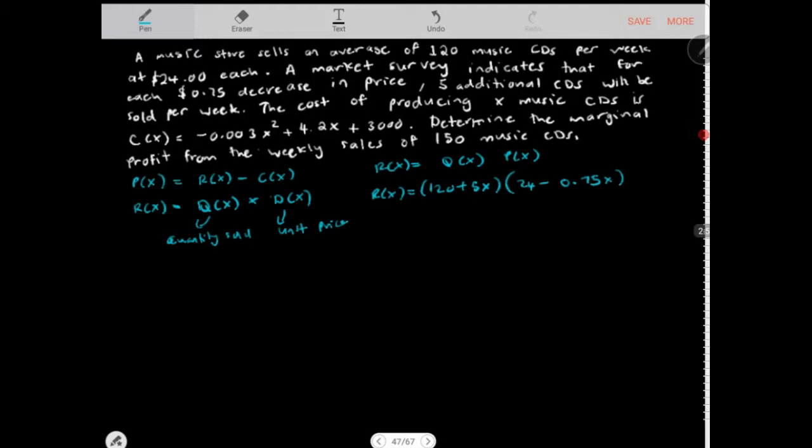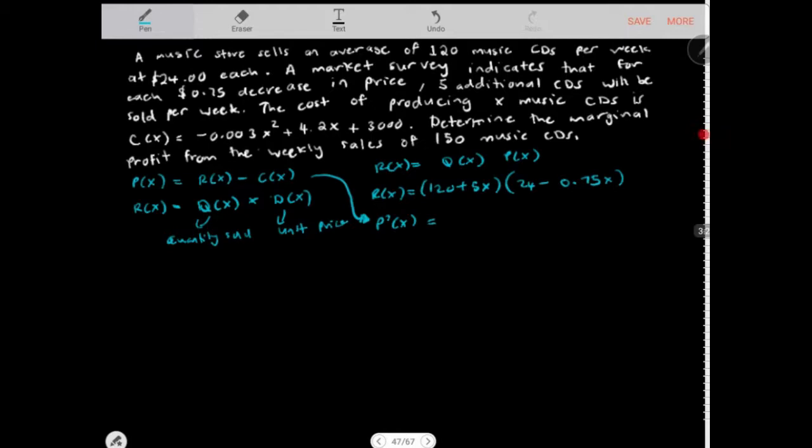Now we have our revenue function and our cost function. The profit function is revenue minus cost. The marginal profit function, which is the first derivative of the profit function, basically highlights the profit that is being created per unit of goods produced and sold.